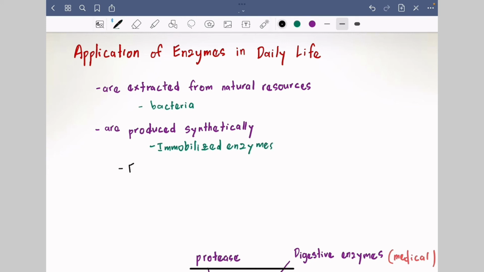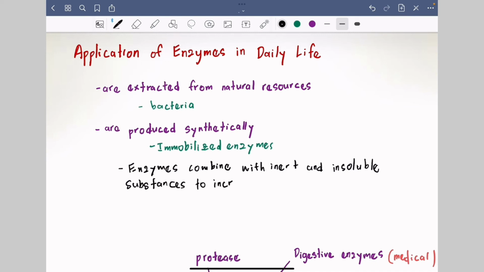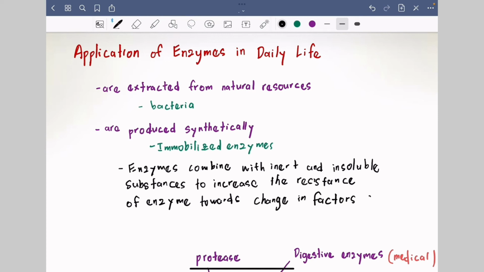Usually these enzymes are combined with inert and insoluble substances to increase the resistance of the enzyme towards changes in factors such as pH and temperature.